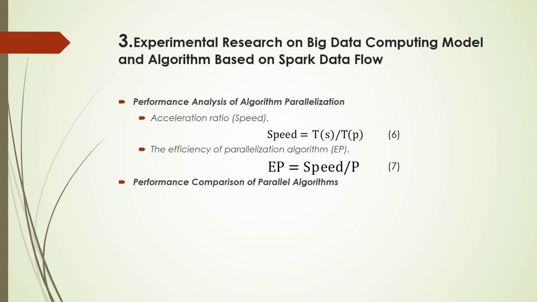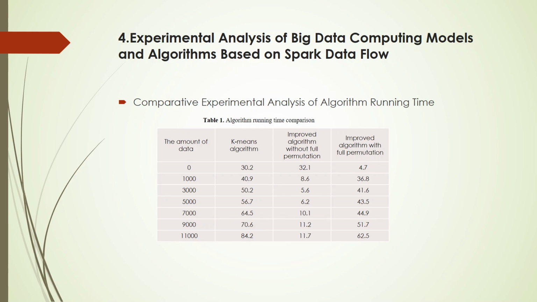One does not use the full permutation operation, and the result is obtained by directly running the data on the distributed platform through the improved algorithm. The other is to use the full permutation operation.